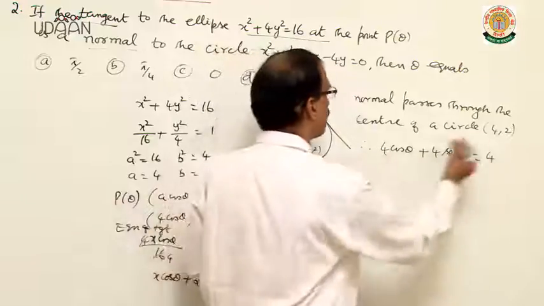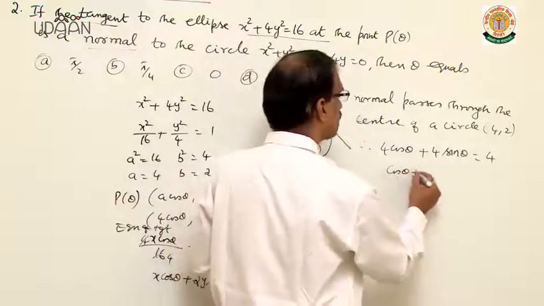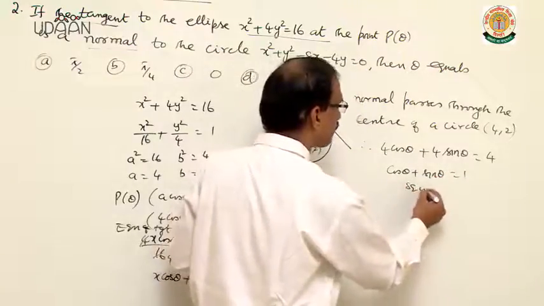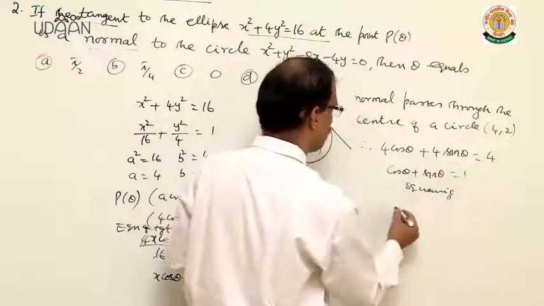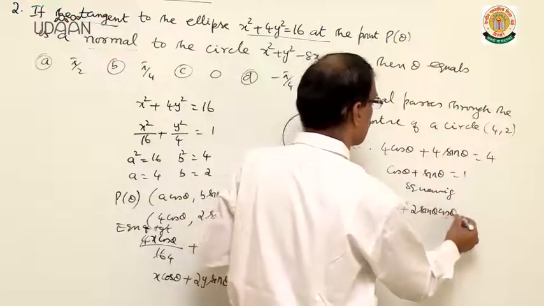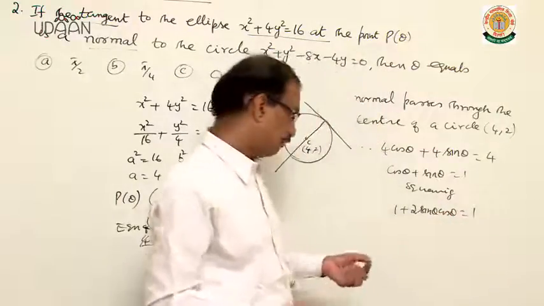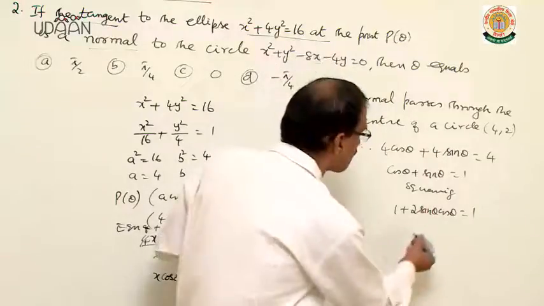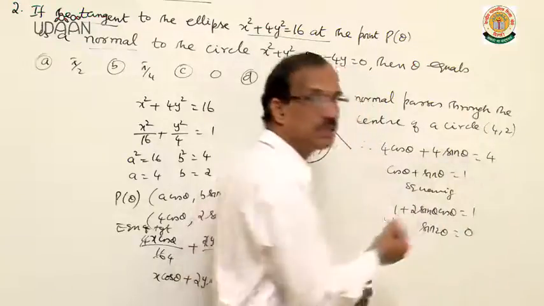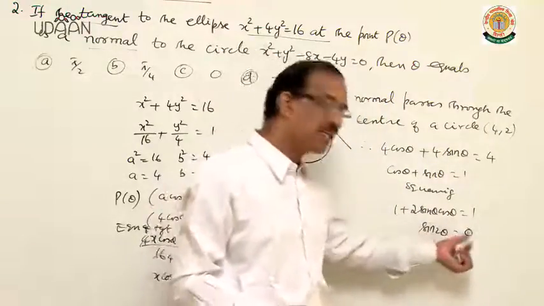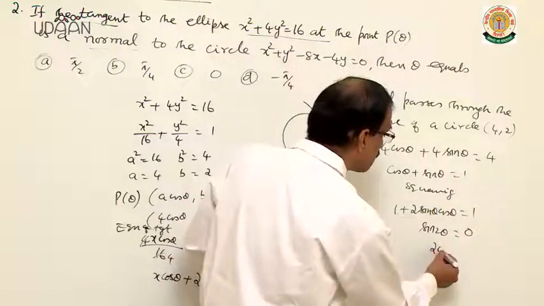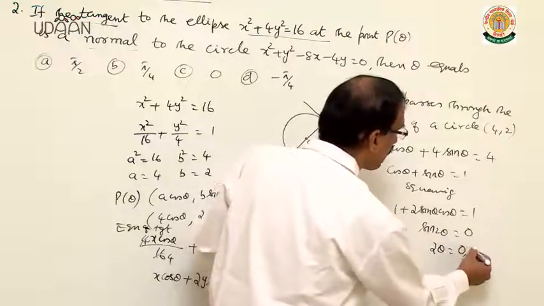Throughout you can cancel by 4. So cos theta plus sin theta equal to 1. If you square, you get 1 plus 2 sin theta cos theta equal to 1. We know 2 sin theta cos theta is sin 2 theta. So sin 2 theta equal to 0, because the 1 will go to that side and get cancelled. So sin 2 theta equal to 0 means 2 theta can be either 0 or pi.